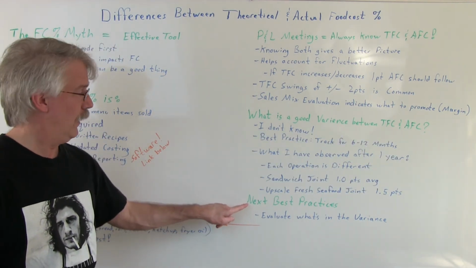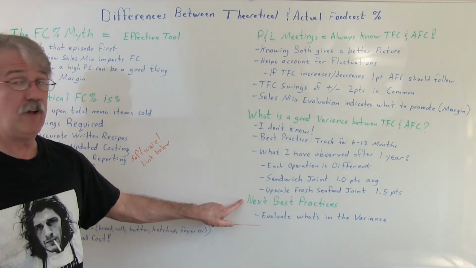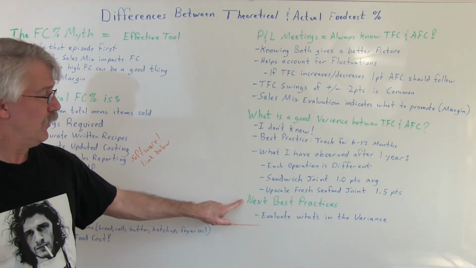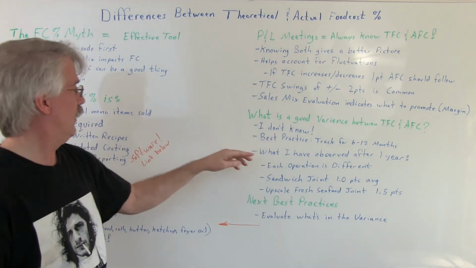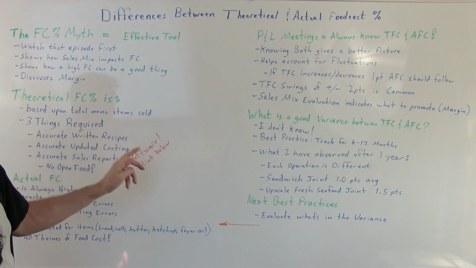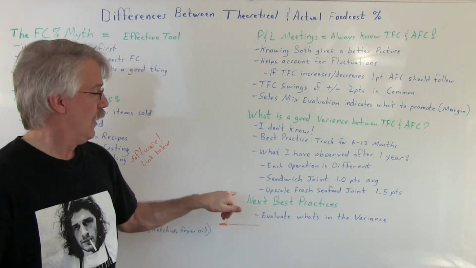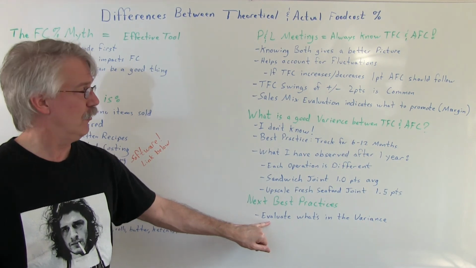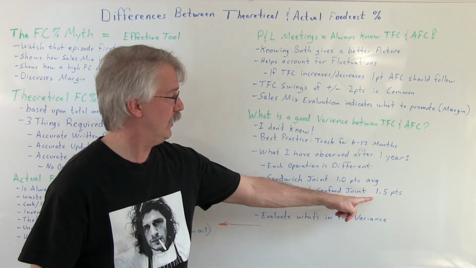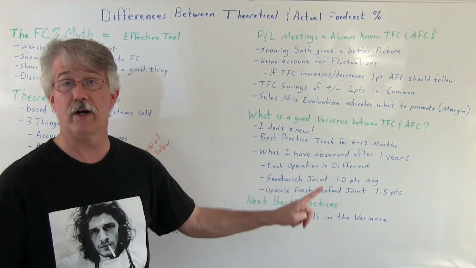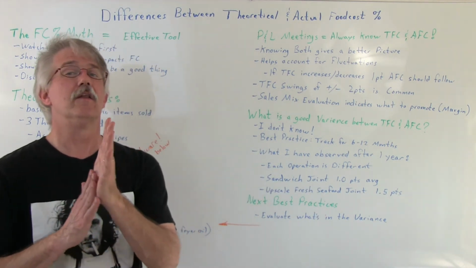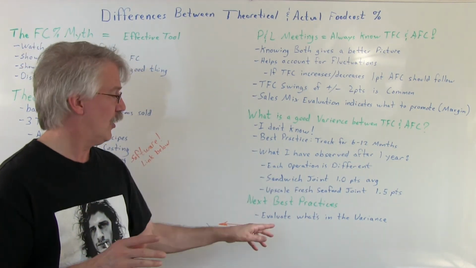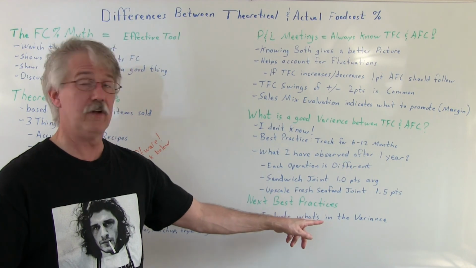Okay, so next step is best practices. So once you've got all of this and you've got your theoretical food cost and everything, what you want to do next is evaluate what is in the variance. So if we're looking at 1.5 points or we're looking at 1 point or whatever it is, the next best thing to do is start figuring out what is in that variance.